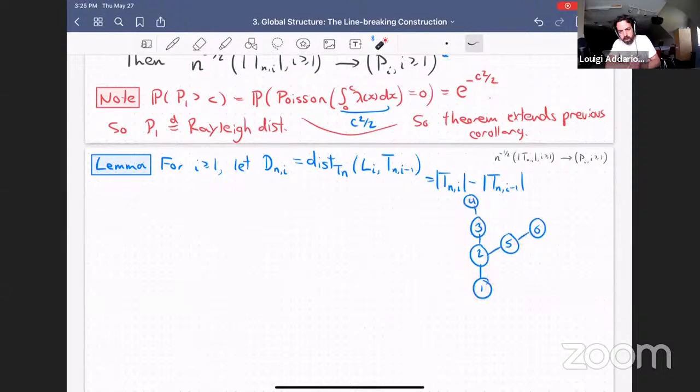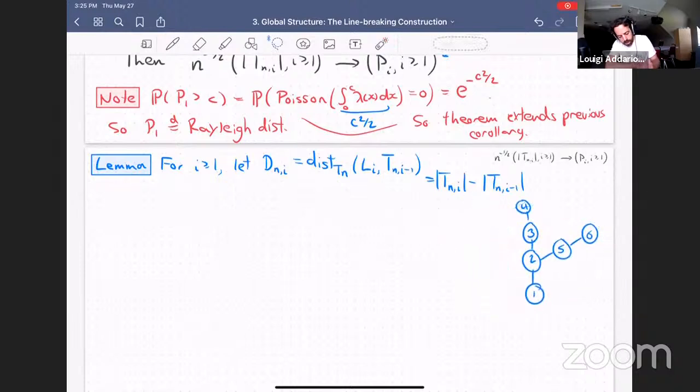So dn2 would be 2. And indeed, computing the distance to the next leaf at each step is the same as computing the number of vertices that get added when we continue the bijection up to the next repetition. So it tells us the difference in those two subtree sizes.